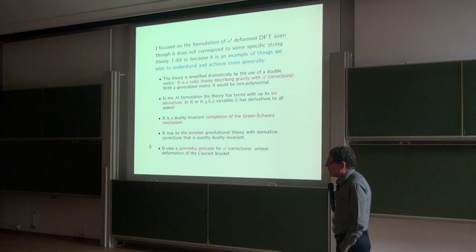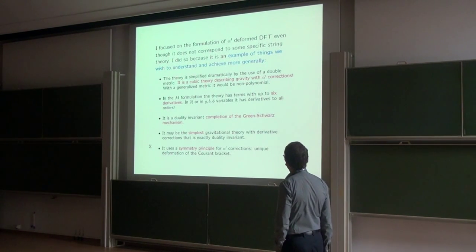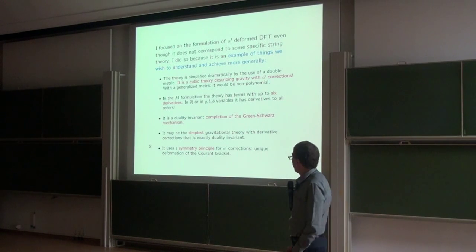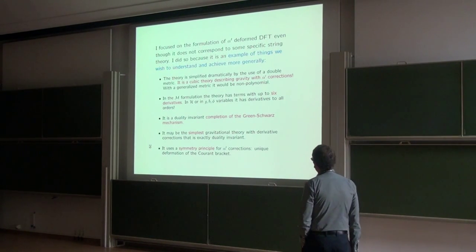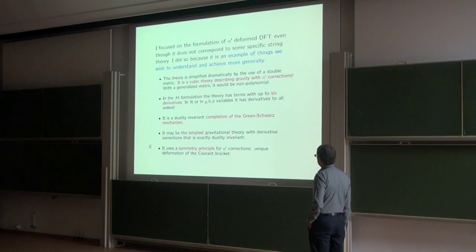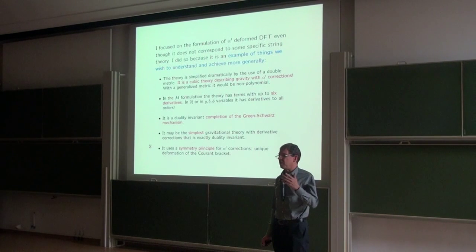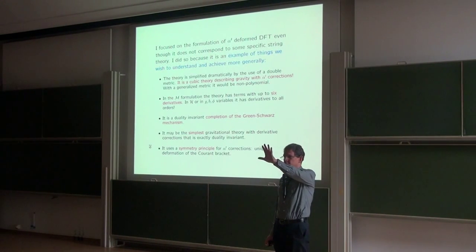So I did focus on the formulation of alpha prime deformed DFT with a double metric, even though, as I probably emphasized by now, it doesn't correspond to some specific string theory. We initially thought it would be the bosonic string, but it's the bosonic string to two derivatives plus the Green-Schwarz mechanism.